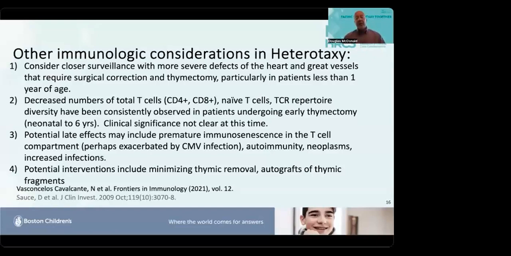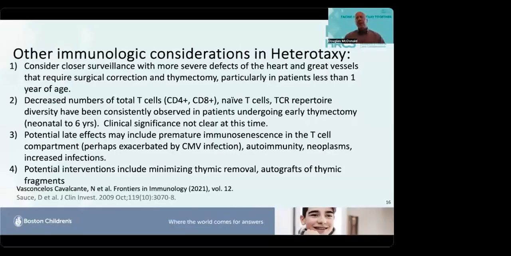Studies of these patients have routinely demonstrated reduced numbers of T cells, both CD4 and CD8 positive T cells, a reduced population of naive T cells, and a reduced TCR repertoire. Again, this is more concerning and more significant in patients who have undergone thymectomy under a year of age.